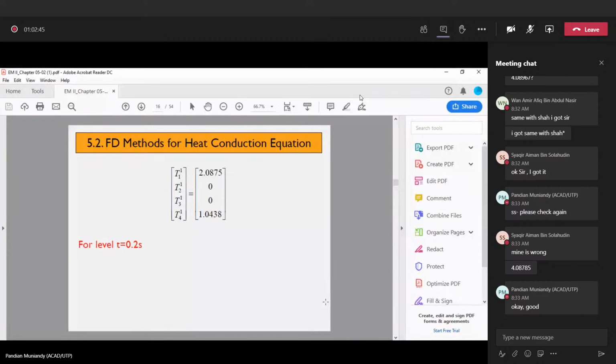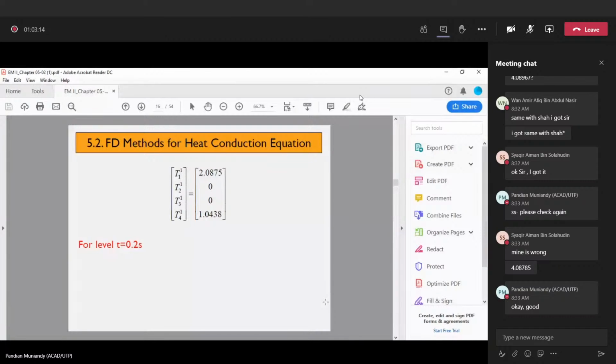T11 is 2.0875. That's why just now it was 100. Now T11 is 2.0875. Can you calculate now, class?